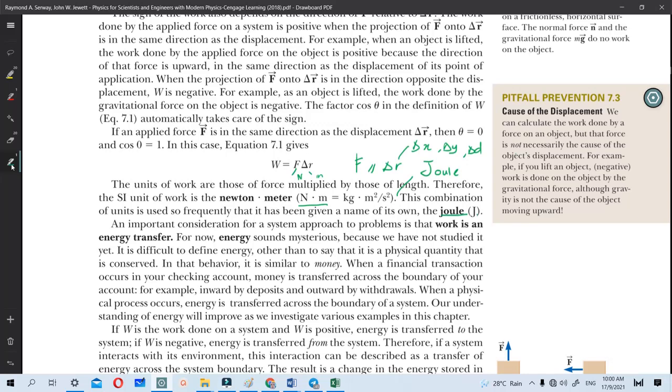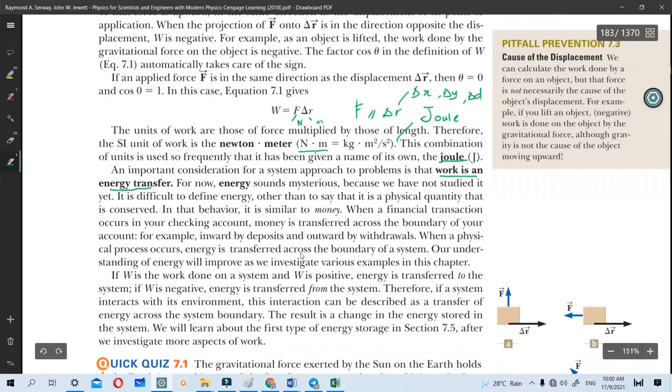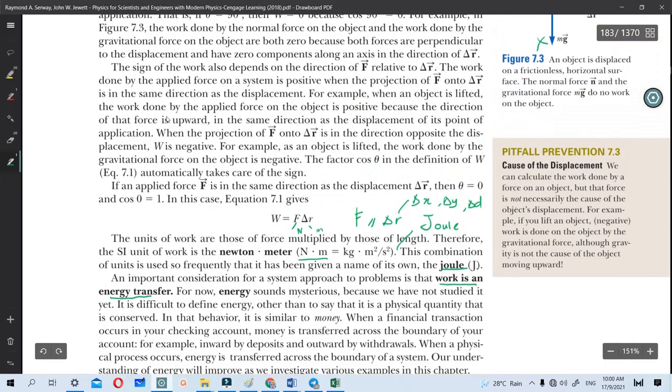Another consideration we mentioned earlier: work is an energy transfer, a change of energy of the system. So it is the interaction between the environment and the system that causes displacement, so we can calculate the work done.